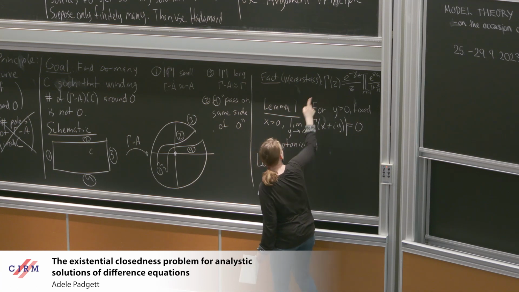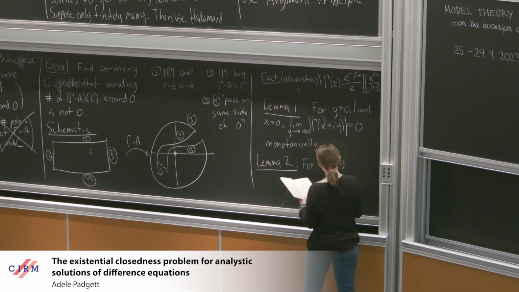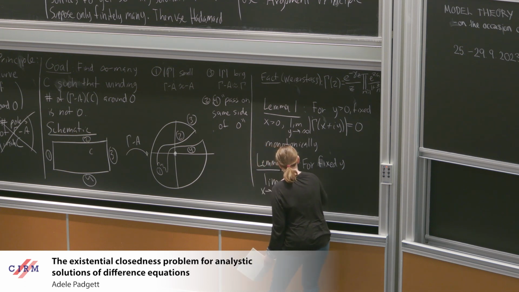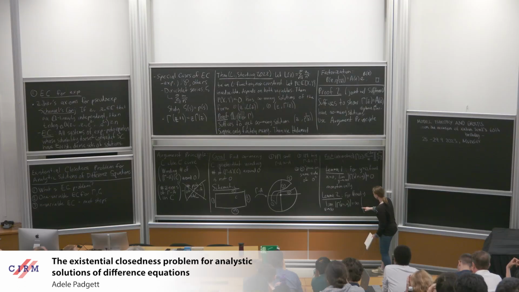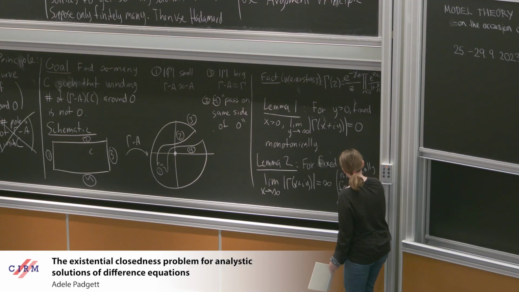And we can also say, using this formula, what happens along horizontal lines. For fixed y, the limit as x goes to infinity of the modulus of gamma of x plus iy is infinity, and it goes to infinity monotonically for x bigger than some number alpha, which is about 1.46.